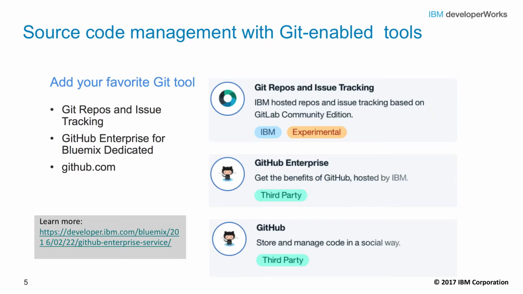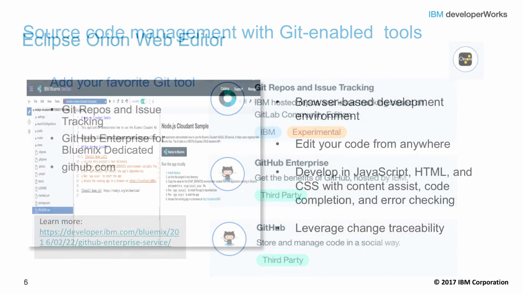Each project uses a shared repository where team members check in changes, associate code changes with work items, and view source code change logs. It's possible to turn on issue tracking, which adds a phase to the toolchain linking directly to the repository issues page. When using Bluemix Dedicated, there is also a version for accessing your repositories hosted using GitHub Enterprise.